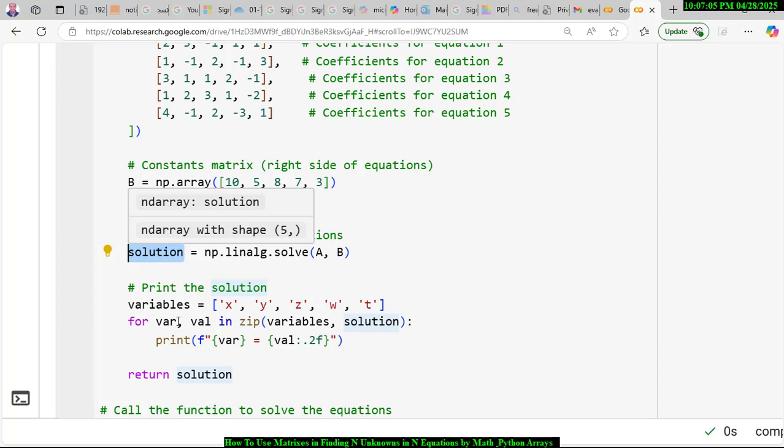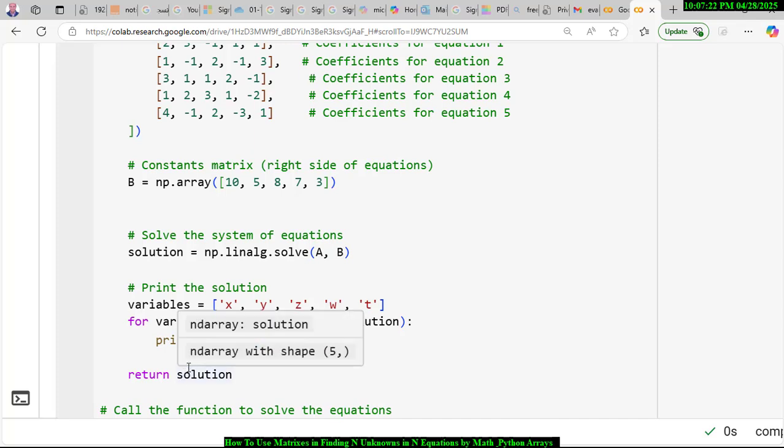So it will take variable from variables and value from solution. So print variable equals value, and this is for formatting. So return solution. The solution will be returned.